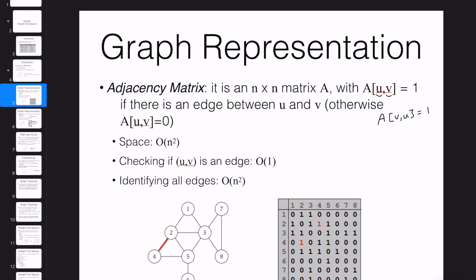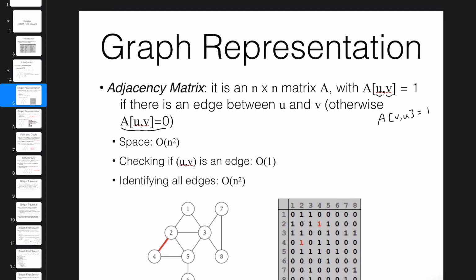If there is no connection between U and V, the entry at row U and column V is going to be 0.